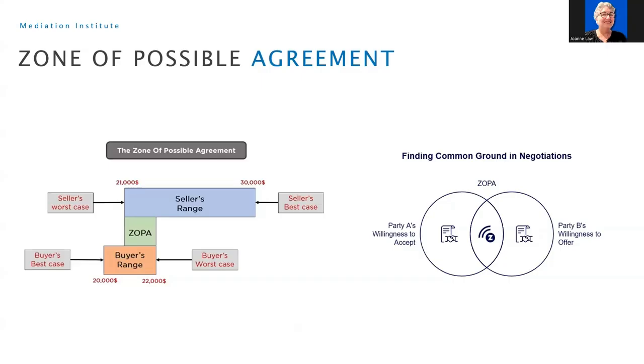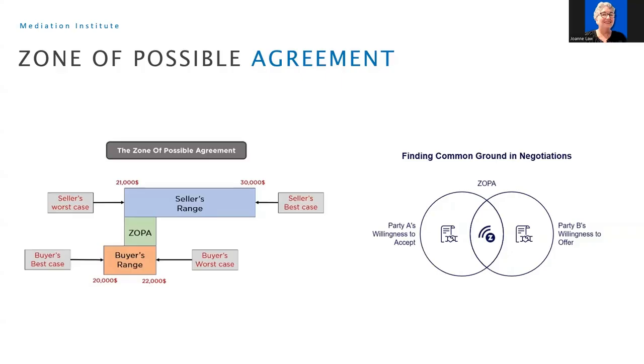And here's another version as a Venn diagram. So that overlap between what someone's willing to pay or give and what someone's willing to accept. The thing is, with a collaborative style negotiation, you can bring in other resources, other options from outside that disrupt this little transactional approach to things, and that can change the dynamic.